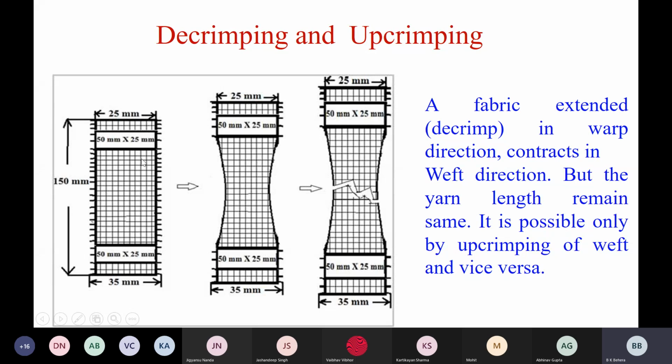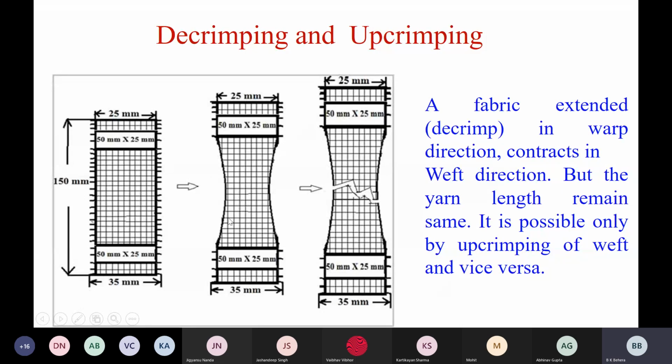Initially, the fabric was like this. These vertical threads are warp. This is weft. Now I have extended this cloth. What happened when we extended it? The horizontal or weft axis contracts, and the x-axis, that is the warp axis, extends. So one, warp is extended, weft is contracted, and this happens only because of the phenomenon called crimp interchange.